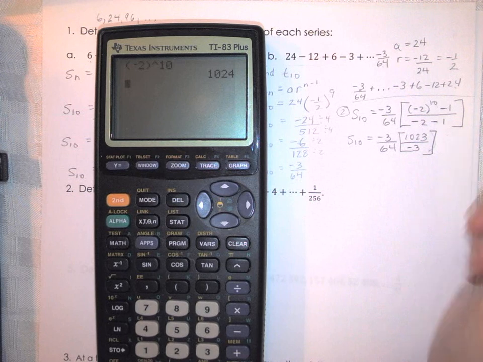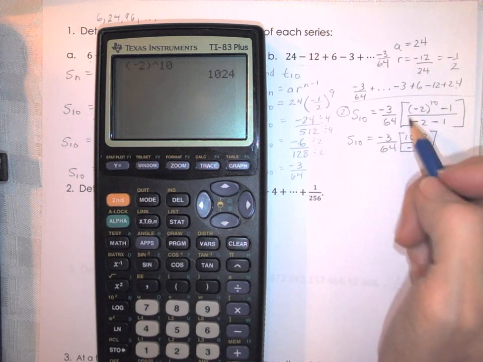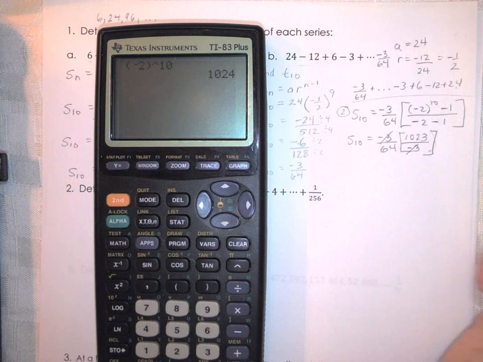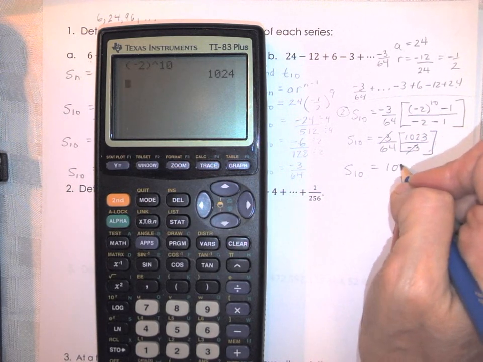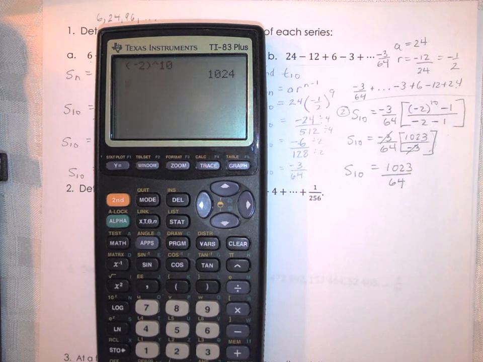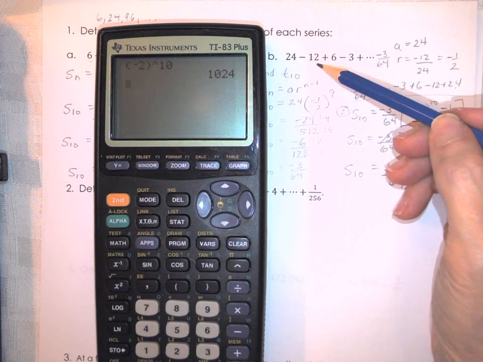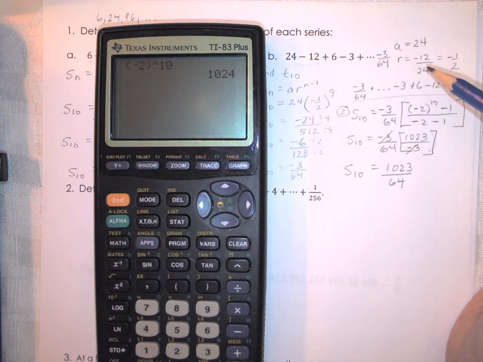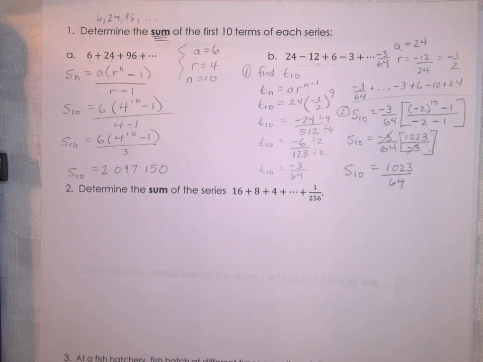And sometimes you get lucky. I see here that I'm multiplying the top by negative 3 and the bottom by negative 3, so those negative 3's will just cancel out. And I'll get the sum of the first 10 terms is 1,023 over 64. And that makes sense because some of our terms are positive and some of our terms are negative as we're adding them, and we're getting smaller and smaller terms as we go. Okay?